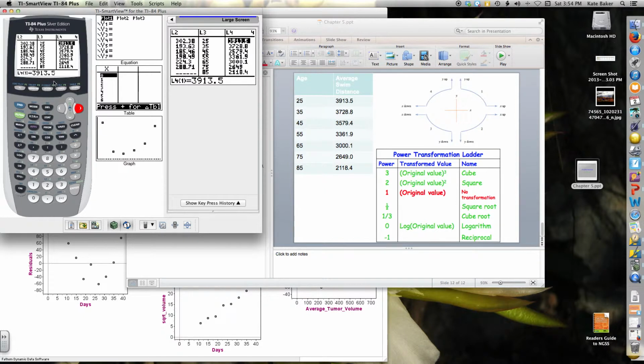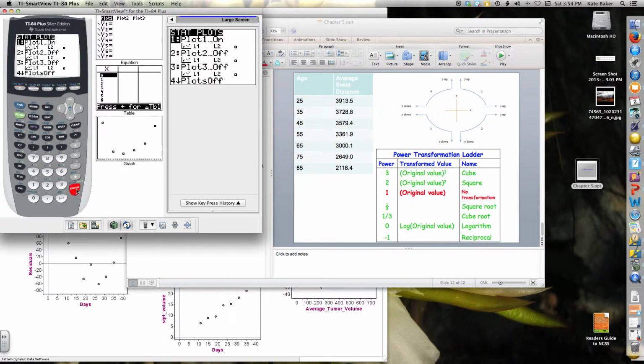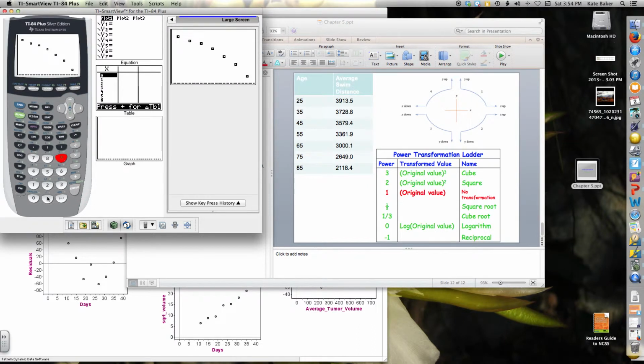So when I look at the graph of that, I'm going to put in my x is list 3, my y is list 4. I want to look at my graph, zoom 9. And this graph, when I look at it, has a shape that looks to be like number 1.